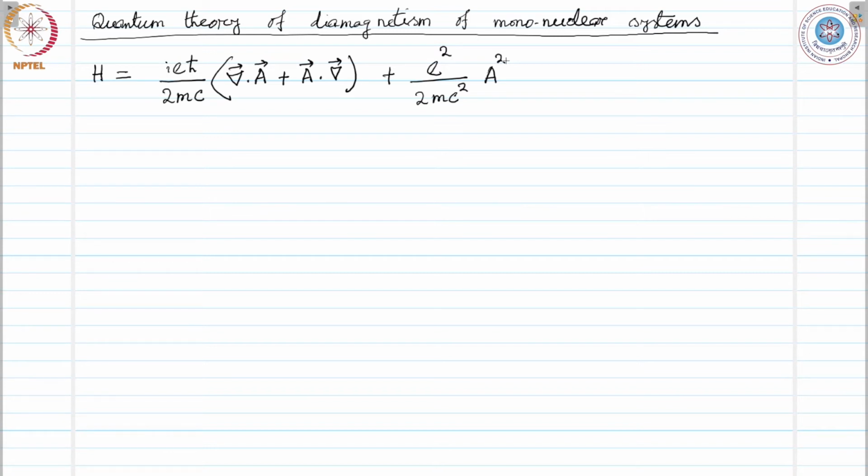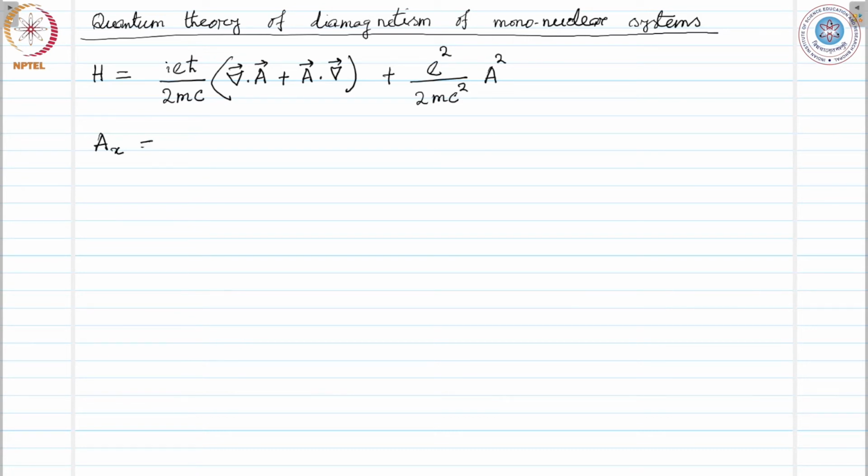Now, if we consider an atomic electron, these terms may usually be treated as small perturbations. These are much smaller than the other terms of the Hamiltonian. And if the magnetic field is uniform and points along the z direction, then we can express the vector potential in the following way.